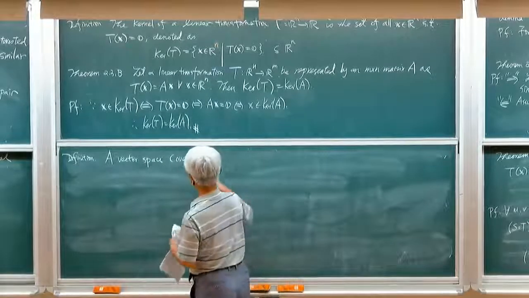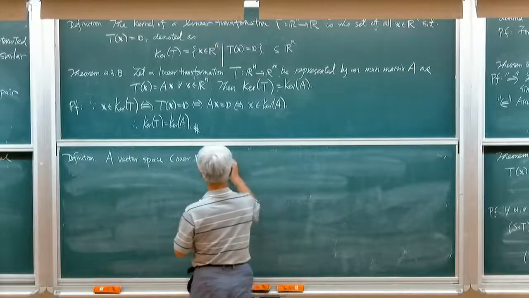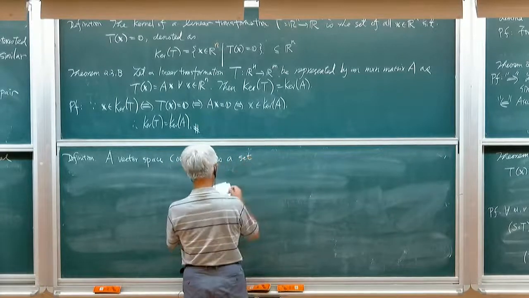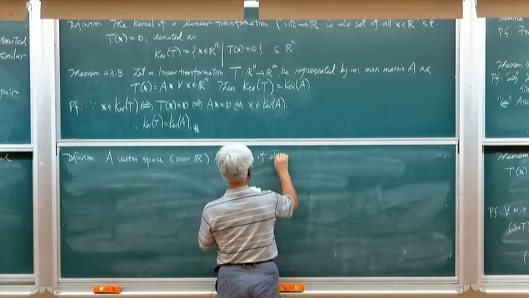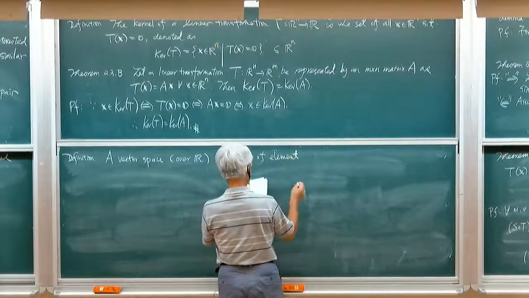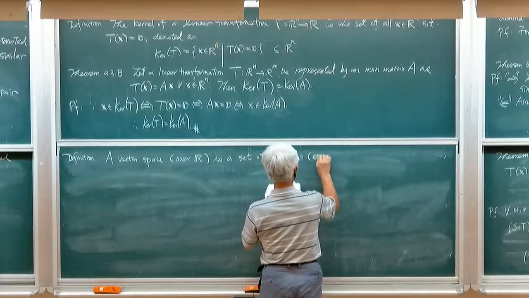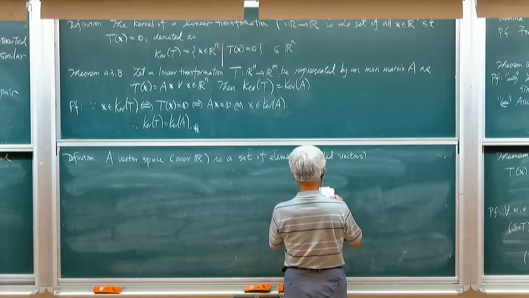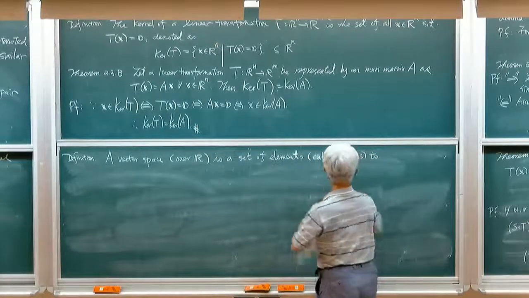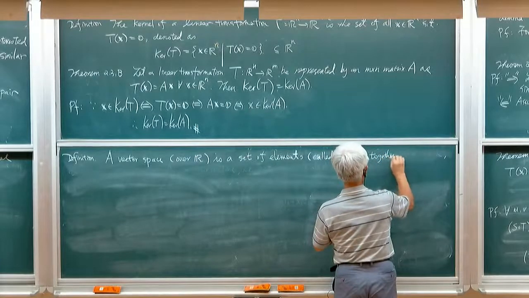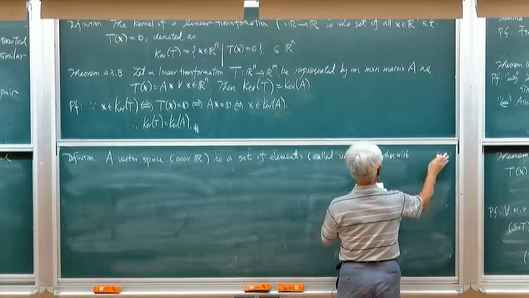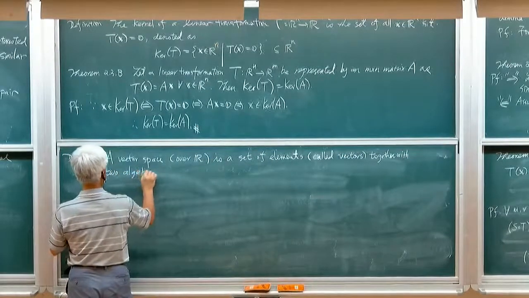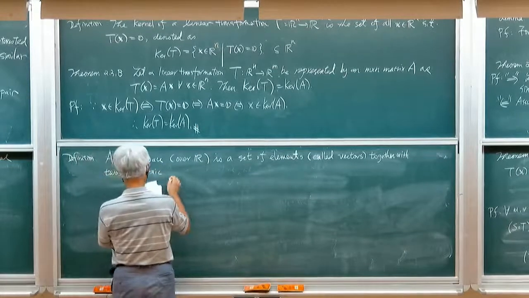So I just say over R. A vector space basically is a set of elements, just an arbitrary set, and these elements will be called vectors, together with two algebraic operations.